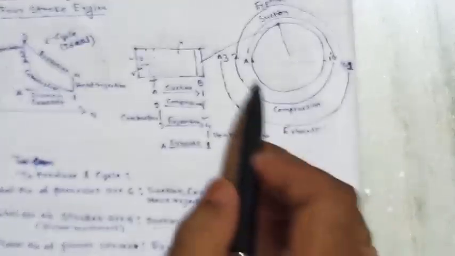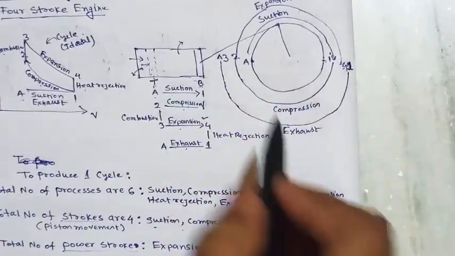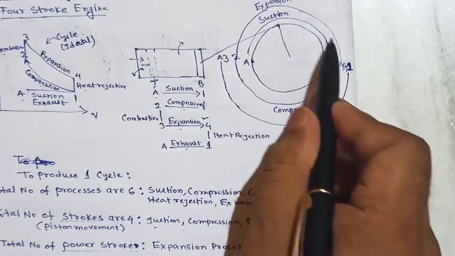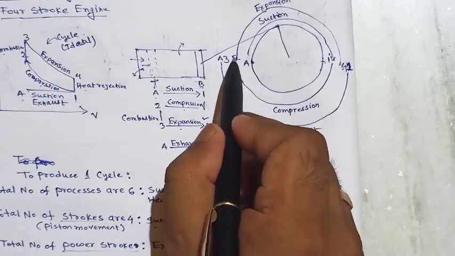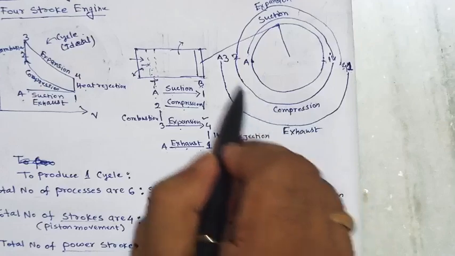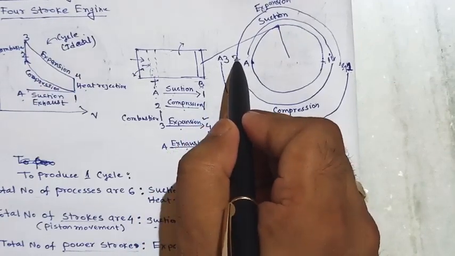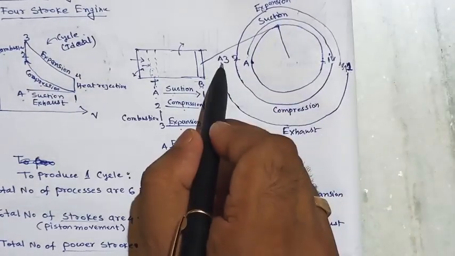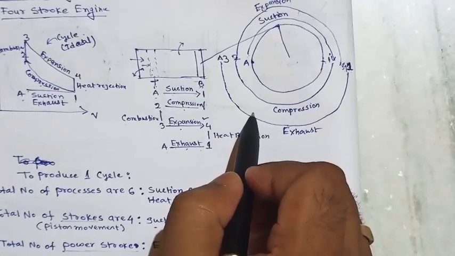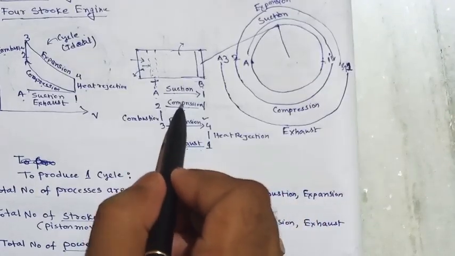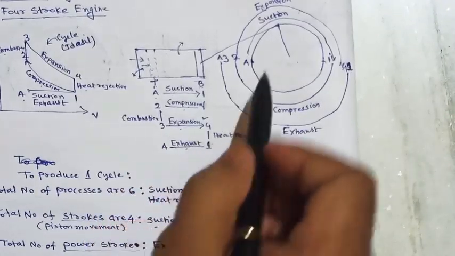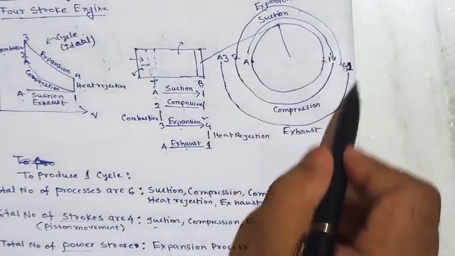That is A to this rotation 1, the one full rotation of the crank. After that 2 to A, that is the second rotation. So to produce these 4 strokes, this crank will rotate 2 times.